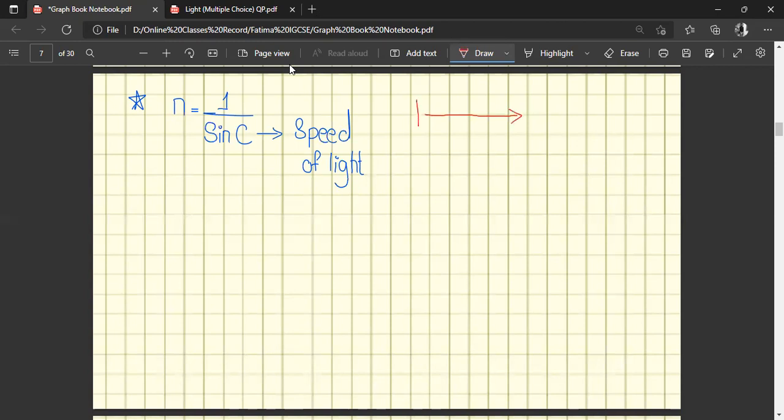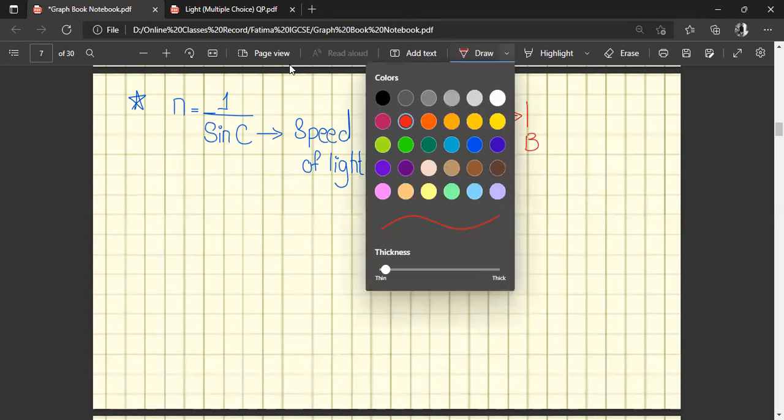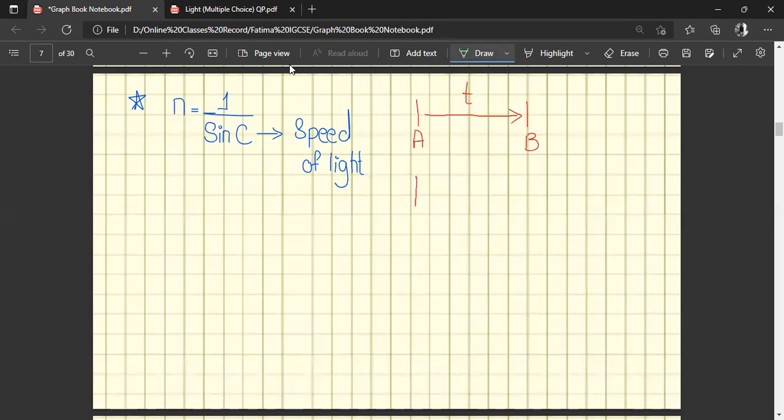Let's suppose there are two points, point A and point B, and a light ray passes straight from A to B. There will be some time taken to travel the distance from A to B. And if the same distance is covered through some dense material between A and B, will light travel faster from A to B, or take greater time than in the first situation?